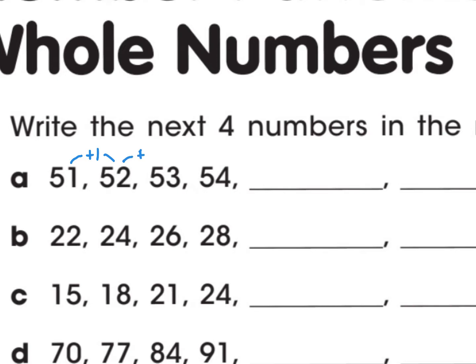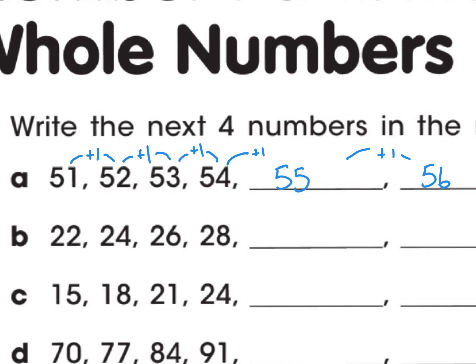Between 52 and 53, it's plus 1, and so on. If I identify what pattern it's travelling in, I can say between here and here it's going to be plus 1 as well. So that's 55, okay? And then we've got 56 and so on. That's an easy one to do.